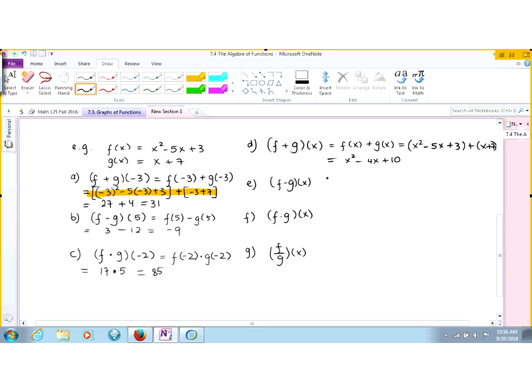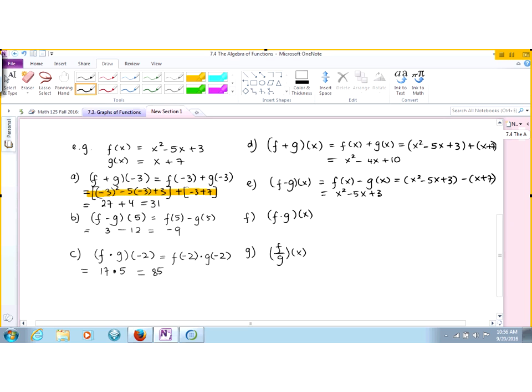So next one, f minus g of x. F of x minus g of x, which is the same thing, x squared minus 5x plus 3 minus x plus 7. So what do you do here? Distribute the negatives.